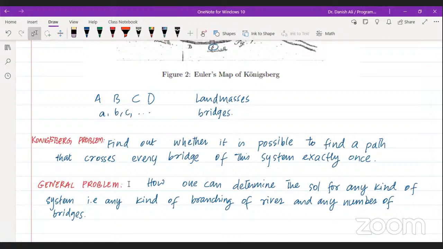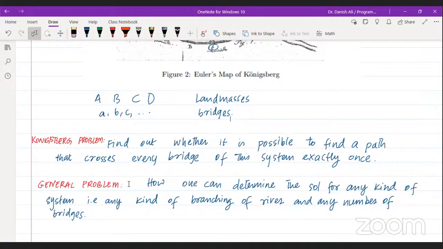He shifted the focus from puzzle solving to a real mathematical question. Okay, so these are the very important aspects of the solution of the Königsberg bridge problem.